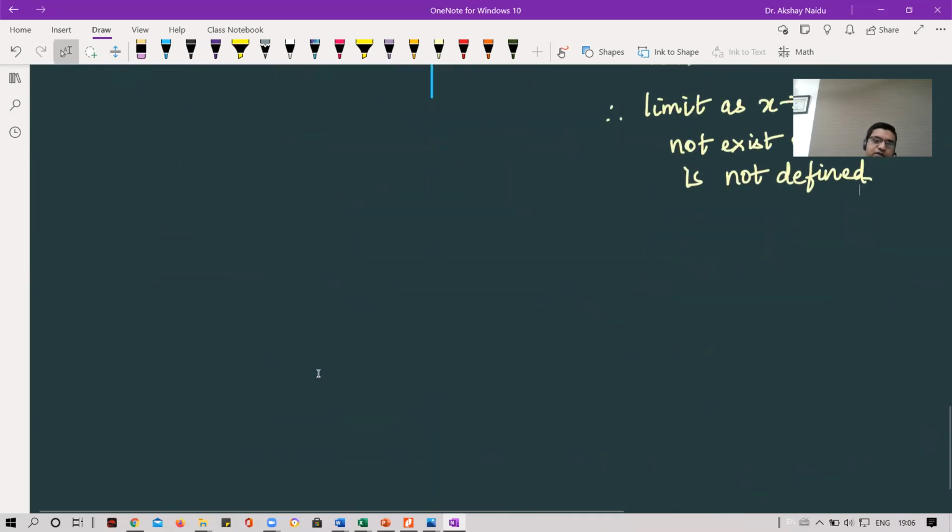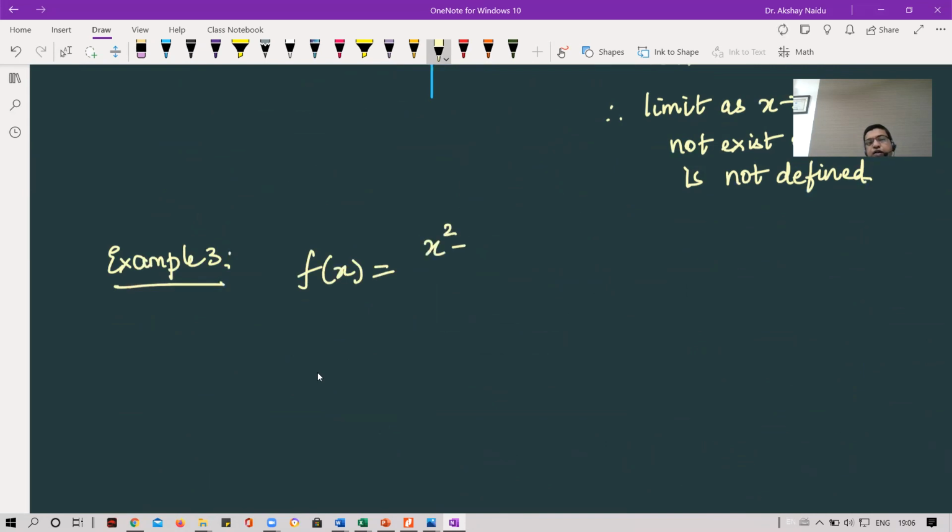Let us use square. Example 3. F of x is equal to x square minus 9 by x minus 3.